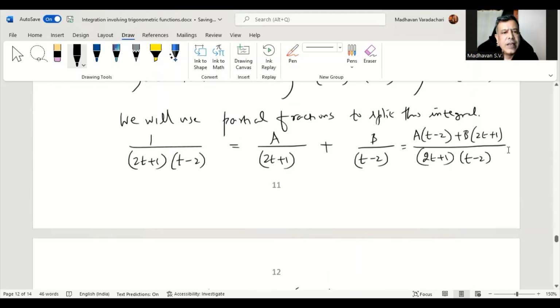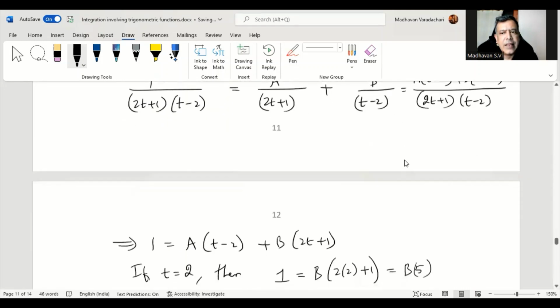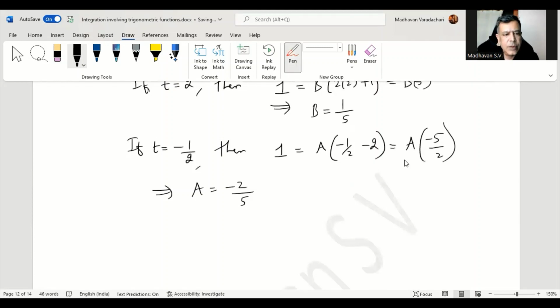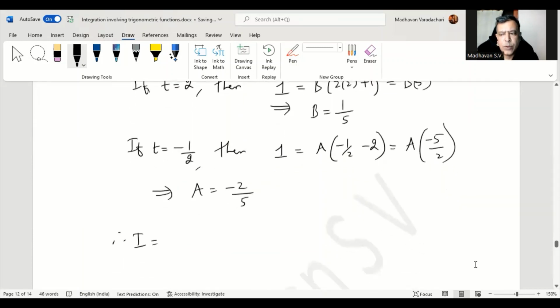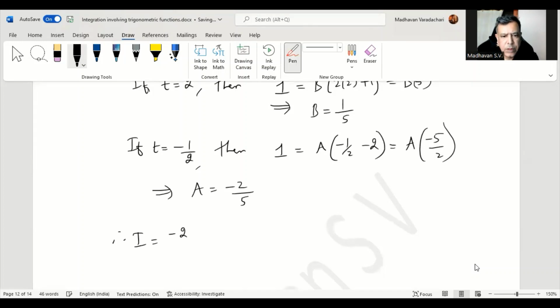So now we can write this integral I as, therefore, integral I is equal to a divided by 2t plus 1. What is a? Minus 2 by 5, that is a.